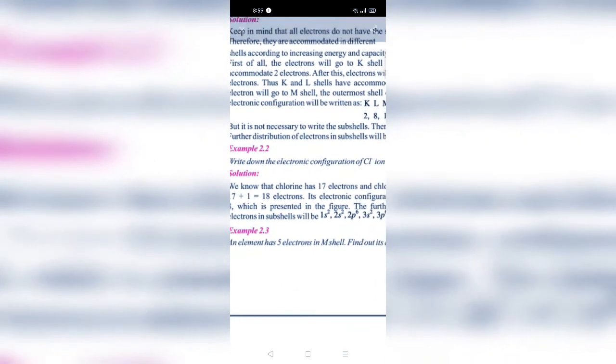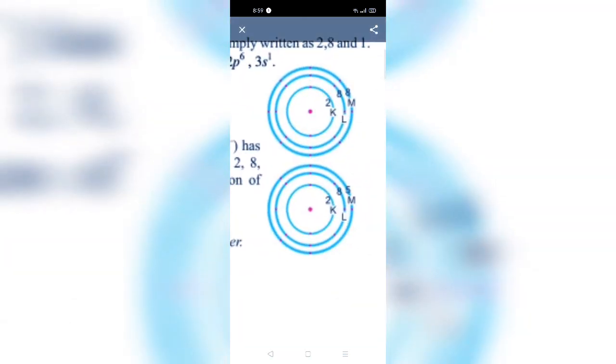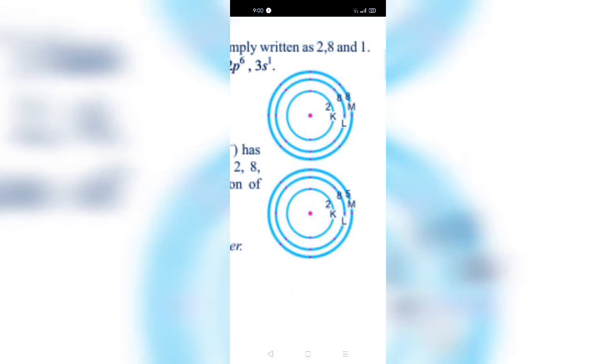Example 2.3: an element has 5 electrons in the M shell, find its atomic number. It means its M shell contains 5 electrons. From this we can identify the total number of electrons in an atom, because the outermost shell contains 5 electrons, which means its inner shells are filled. The first shell is K, which contains 2, and the second is L, which contains 8.